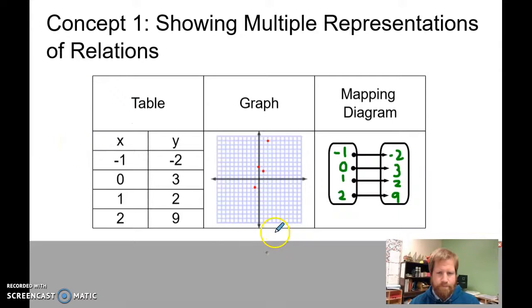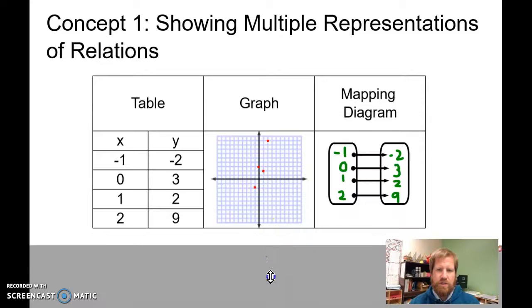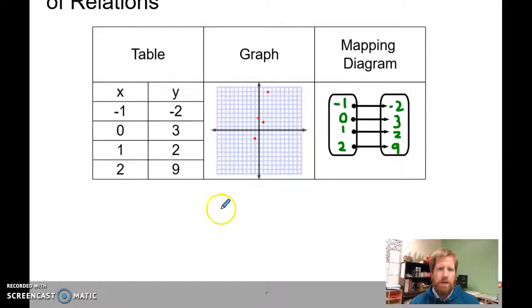Okay. So concept one, showing multiple representations of relations. You can express a relation in multiple ways. The table is one of the most useful because it's easy to see the values and it's easy to calculate, and if it's a linear equation, it's easy to calculate that equation.